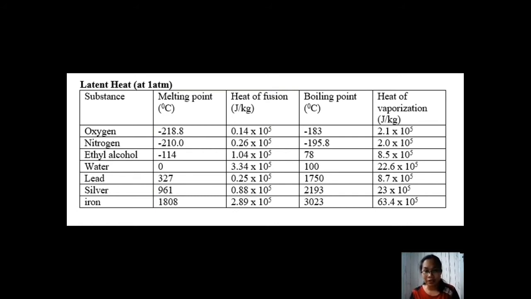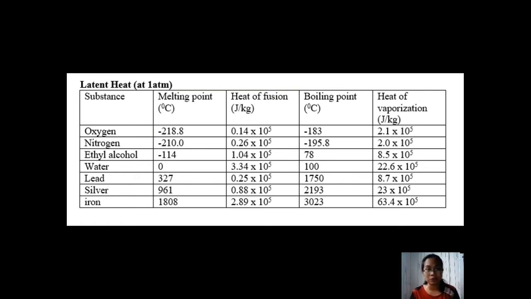And also, we have here the melting point. Kasi it's very important that in the problem solving, you know the melting point of the substances. For example, we have oxygen. The heat of fusion there is 0.14 times 10 to the fifth, and the heat of vaporization is 2.1 times 10 to the fifth. When we use the latent heat of fusion, the phase change involved would be from solid to liquid or from liquid to solid.